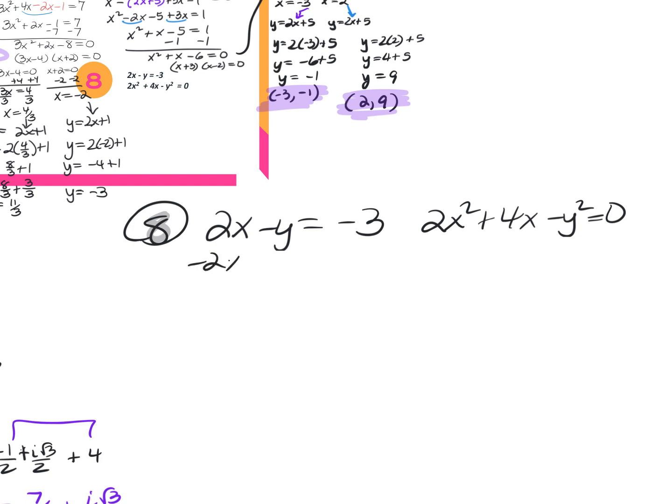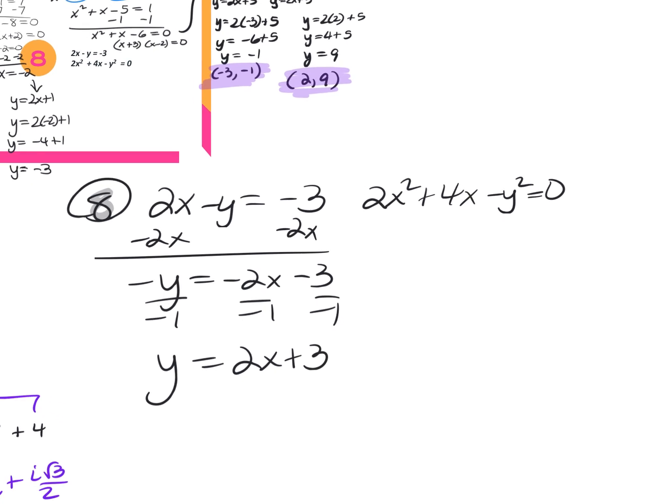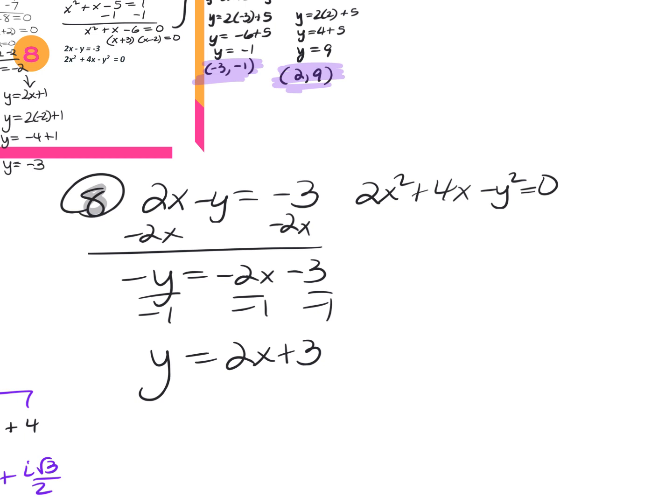So I'm going to subtract the 2x: negative y equals negative 2x minus 3. Divide everything by negative 1: y equals 2x plus 3. Now, when I go to plug this in, I'm going to be replacing the y with this binomial, and I'm going to have to FOIL it.